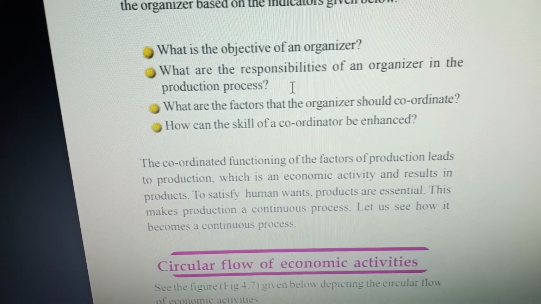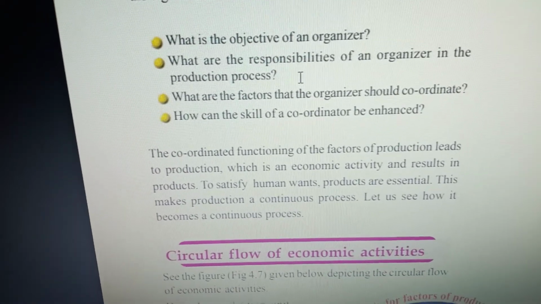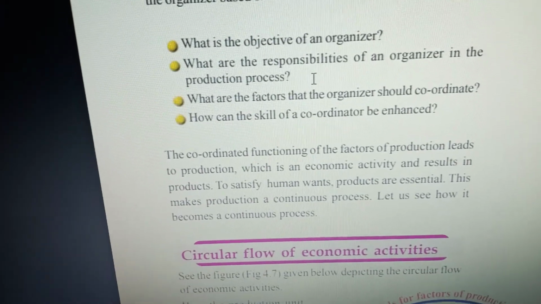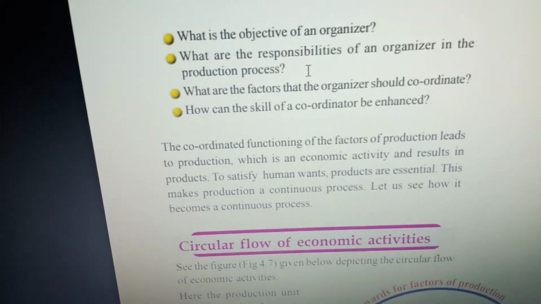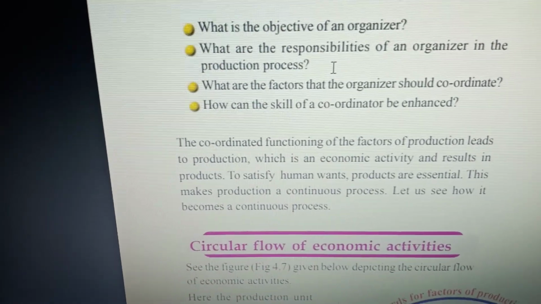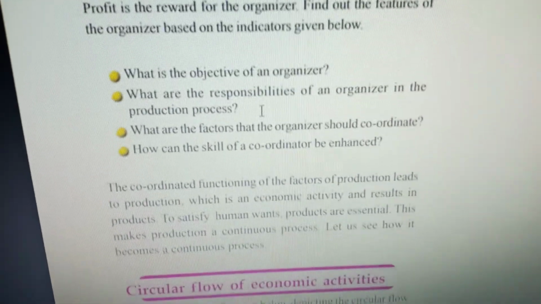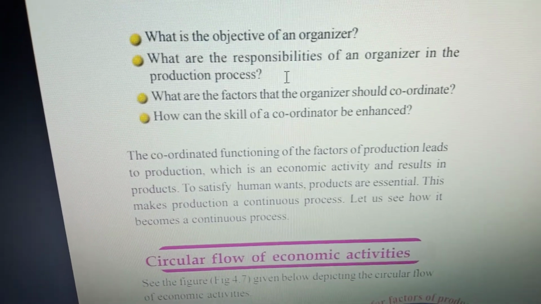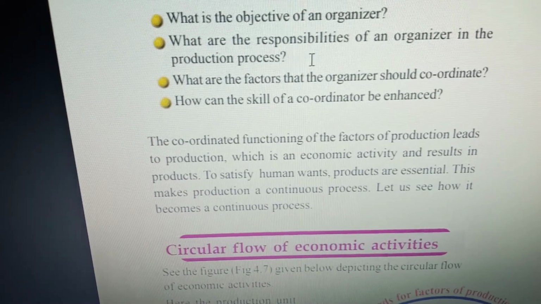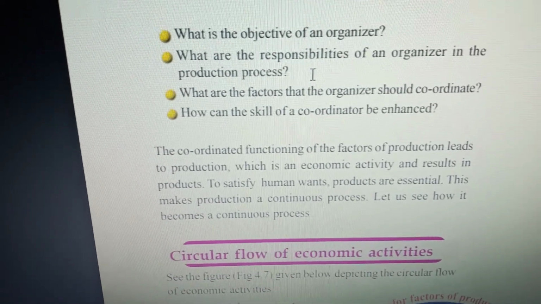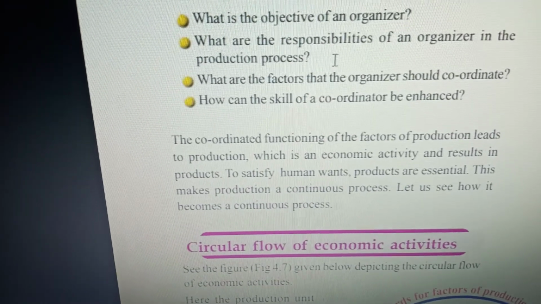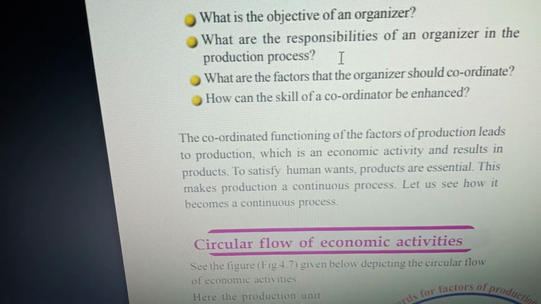The responsibilities are, first one, to coordinate the factors of production like land, labor and capital. Second one, take steps to increase the quality of product. Third point, increase the efficiency of the factors of production for large scale. Then the last point, arrange the production according to the needs. So these are the responsibilities of an organizer.